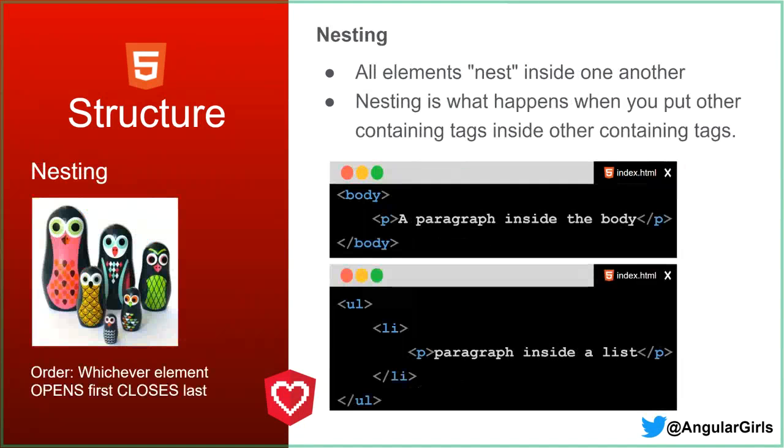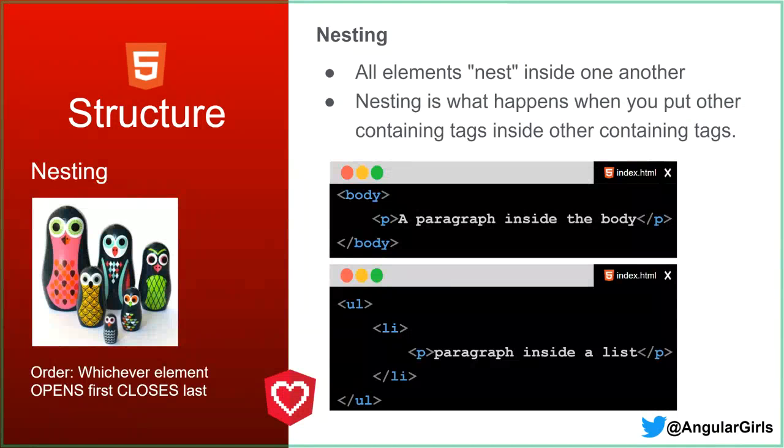What you can also do in HTML is nesting. Nesting means that you have a tag, and inside the tag you can have another tag. For example, if you have this paragraph inside the body tag, this is already nesting. In your mind, you can compare it with a matryoshka.